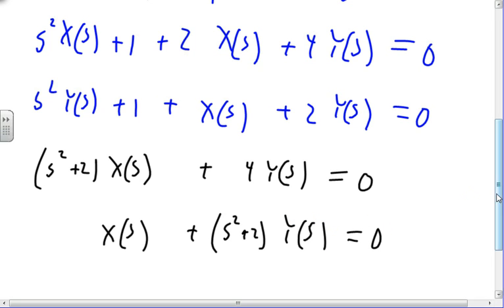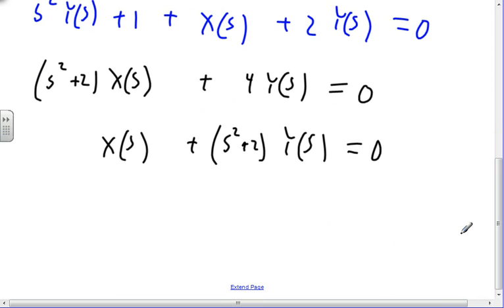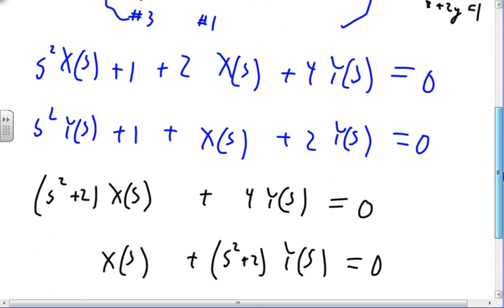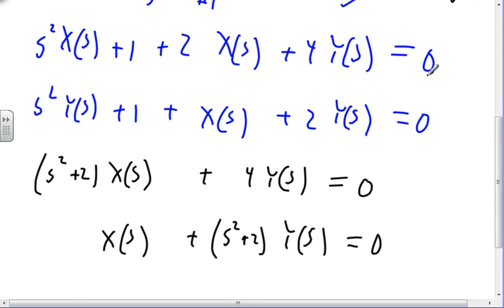Okay, now I'm going to use Cramer's rule and solve for x of s. So x of s equals, and I messed it up already. Okay, so there's a -1 that goes over there, there's a -1 that goes over there, right? Yeah. So -1, -1.